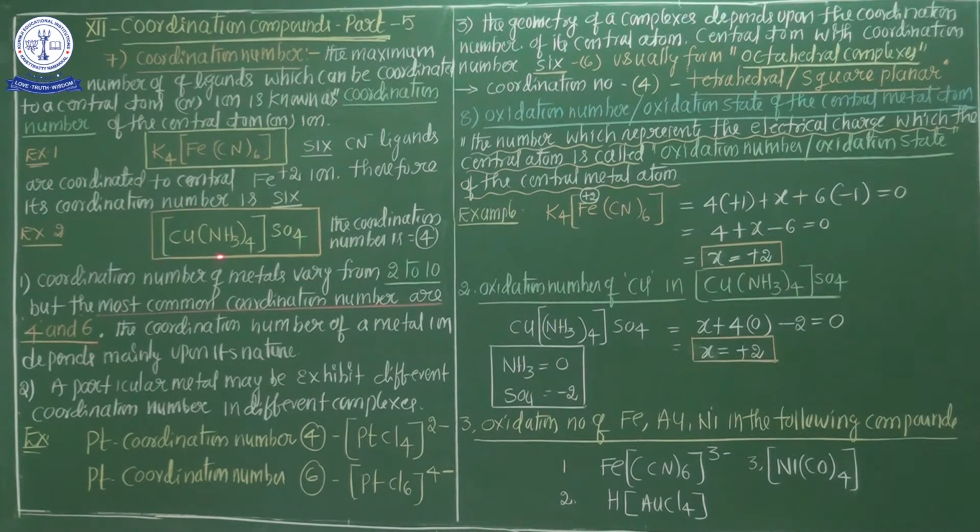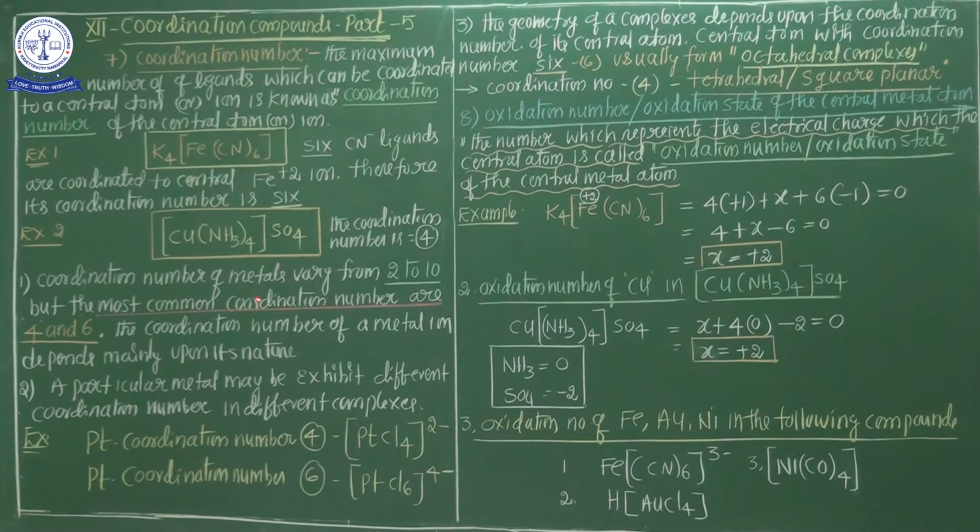Generally the coordination number of any metal can be 2 to 10, but most coordination compounds have 4 and 6. So, most important point. Next point: the coordination number of a metal ion depends mainly on its nature.